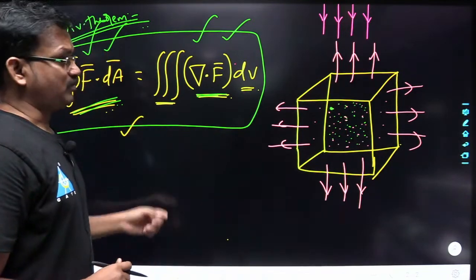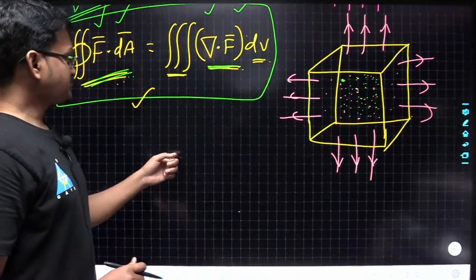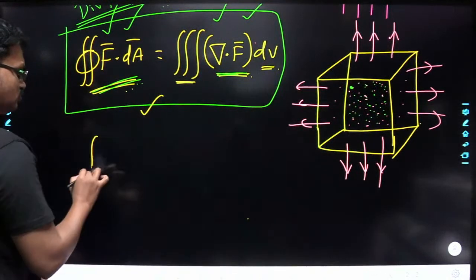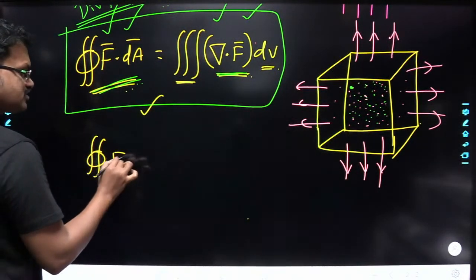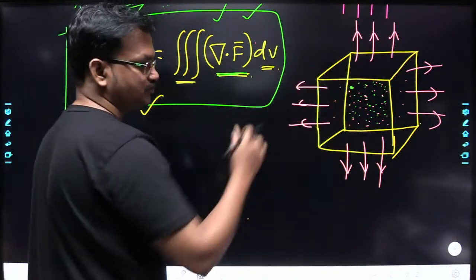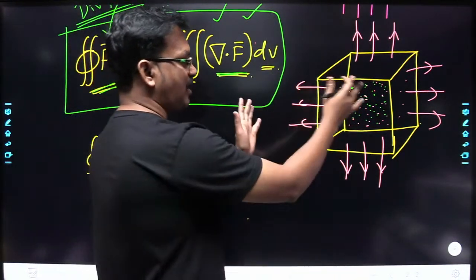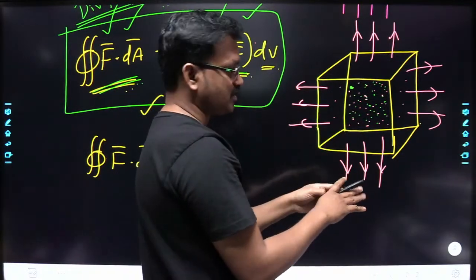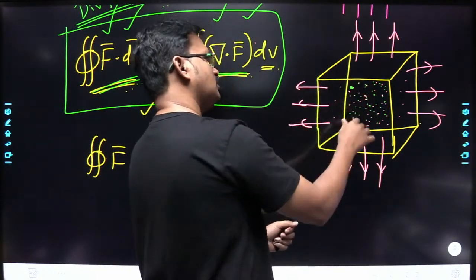See, for example, if you want to calculate the flux through a closed surface, that is closed surface integral f bar dot dA bar, let us assume this cube here. So this cube has how many surfaces? 6 surfaces. Yes or no? Front, back, sides, top and bottom.